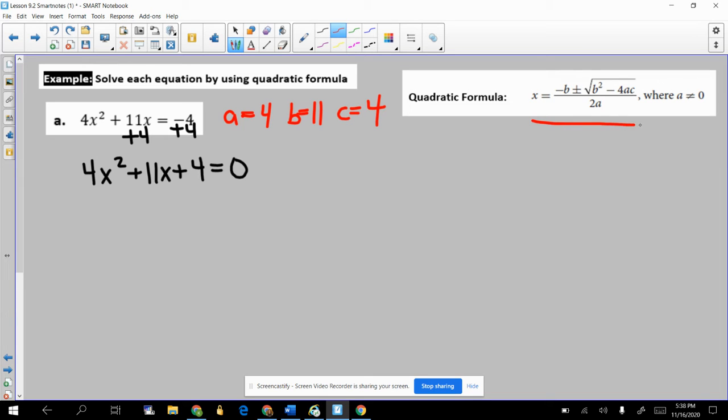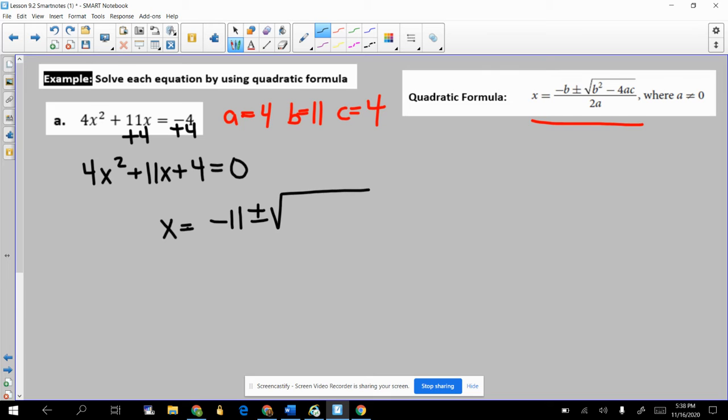Okay, so now we're going to plug it into this formula. So we've got x equals, and when it says negative b, it just means the opposite sign of what your b is. So since b is positive, we are going to write that as negative 11. And then we do need the plus or minus, just like we did the other day.